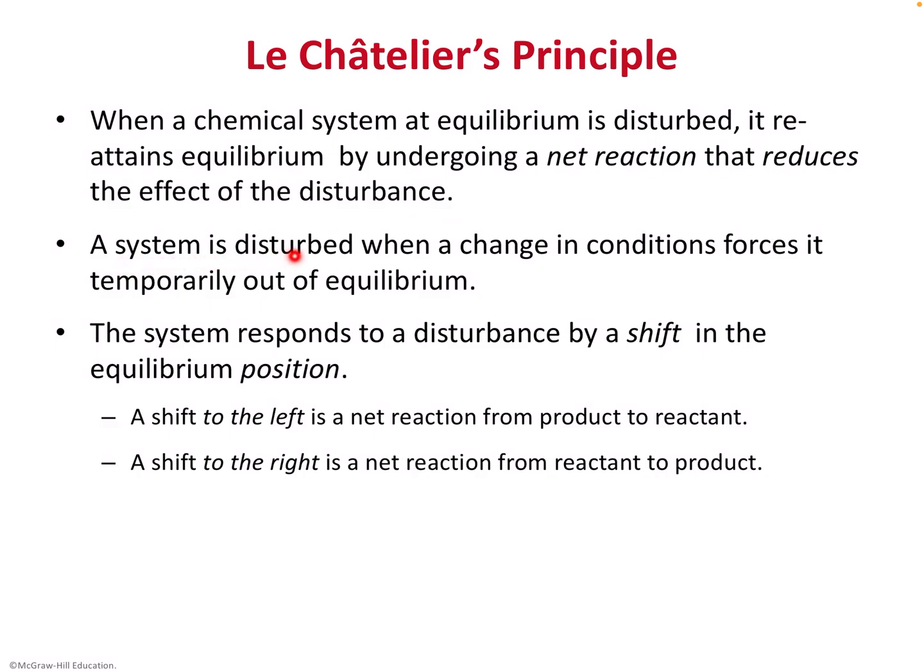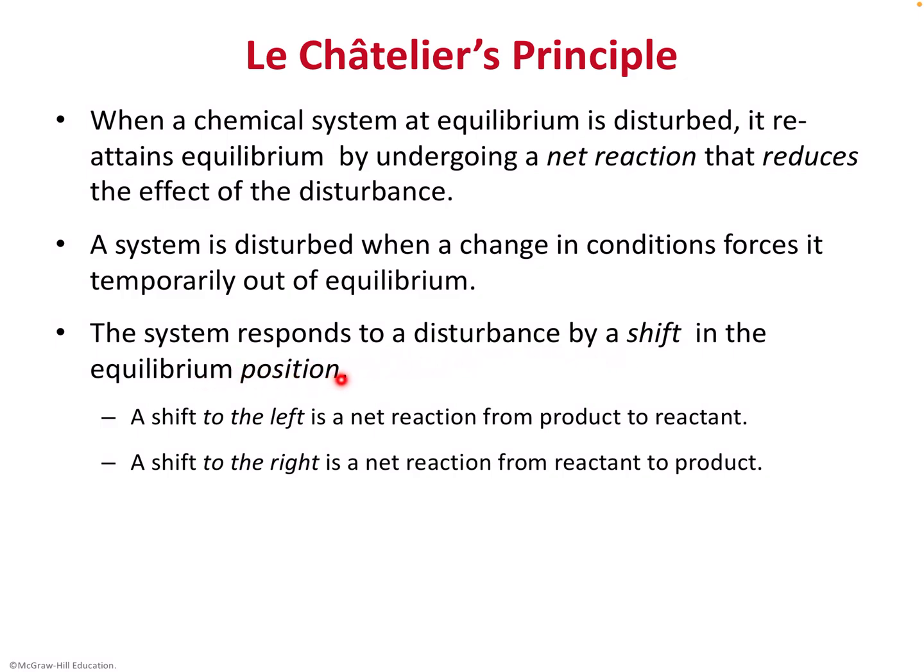A system is disturbed when a change in conditions forces it temporarily out of equilibrium. What does it mean by disturbing? You make some change and then it becomes out of equilibrium, and then it tries to get back to equilibrium. The system responds to a disturbance by a shift in the equilibrium position.